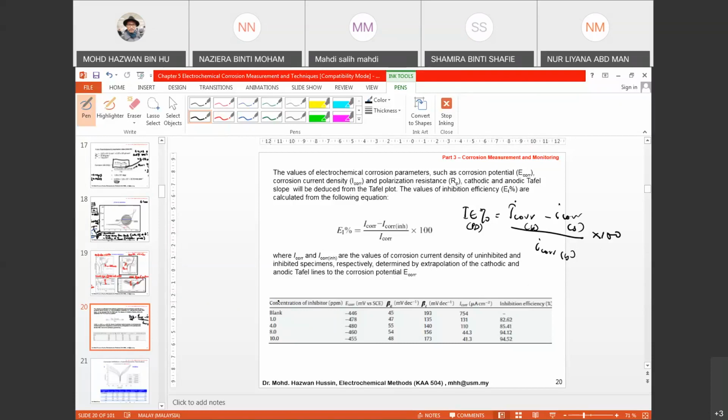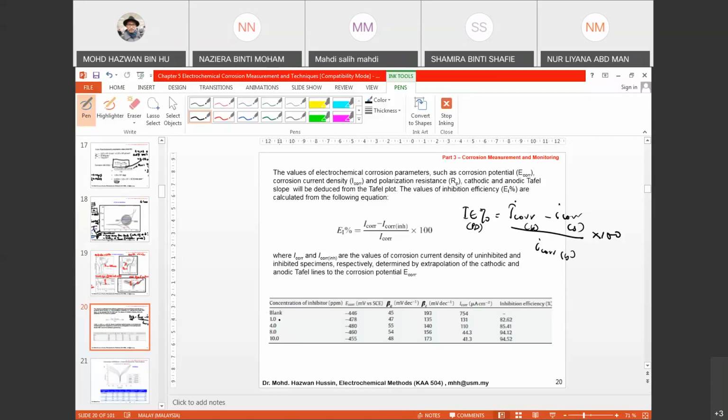So here is an example of potentiodynamic polarization data when you undergo corrosion inhibition. You'll see that the information provided is Ecorr values, beta A, beta C, Icorr, and inhibition efficiencies. The first sample is blank, which means 0 ppm, or no concentration of inhibitor at all.